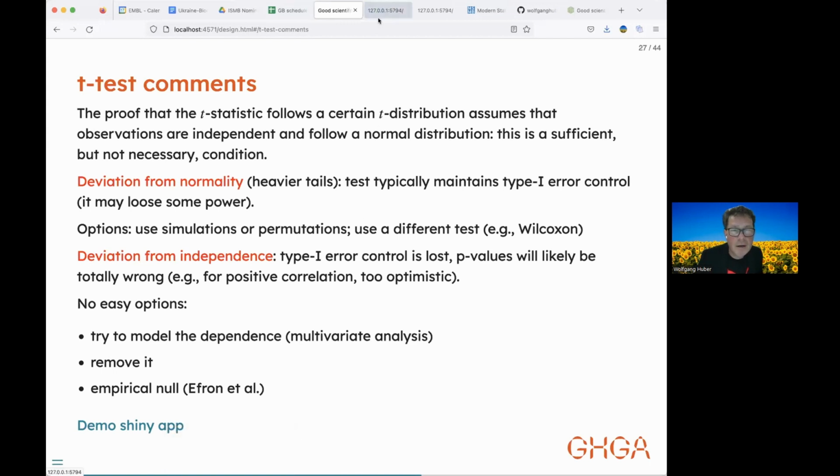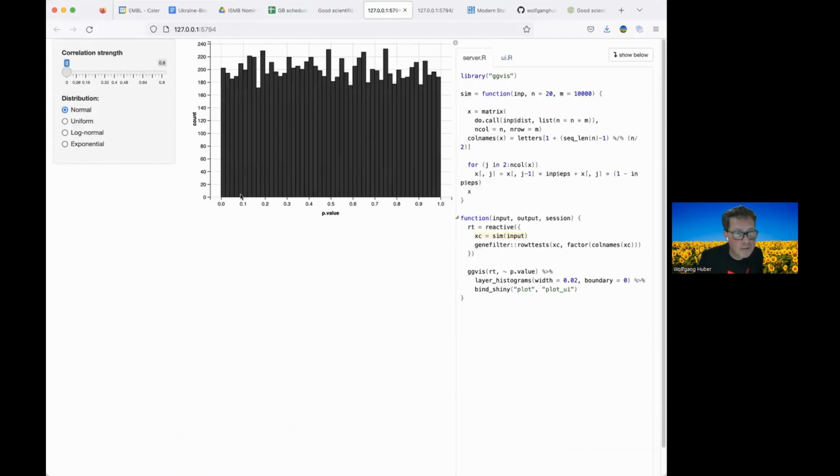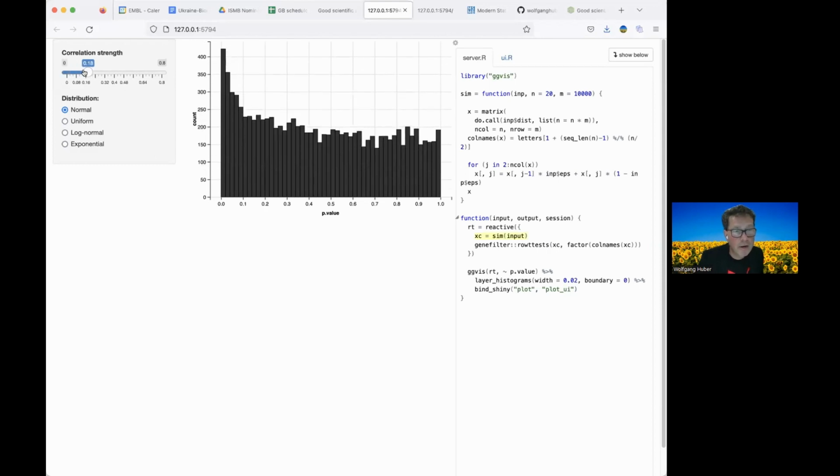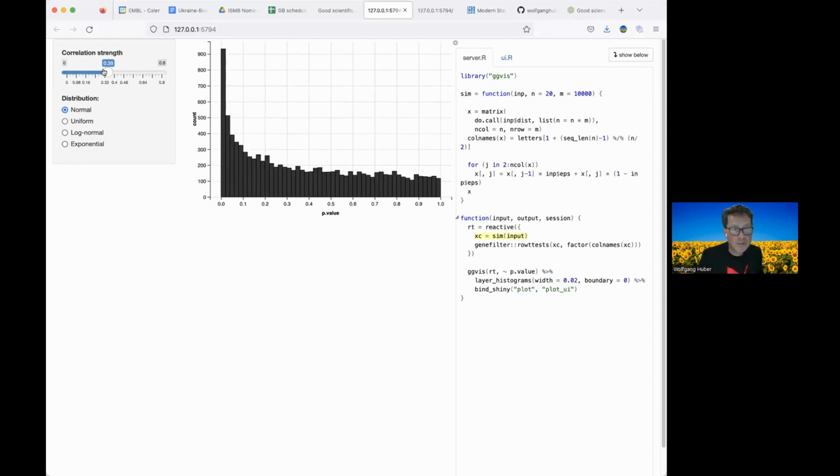I have a little app that shows this. What I'm showing you here is the null distribution of a t-test on null data. First, using normal data, you can see the p-values are uniform, as they should be. If I introduce correlation between the variables, still with no effect size, so on average nothing is happening in these data, and the data are shown on the right-hand side so you can look at this at your own pace afterwards, you can see I get an enrichment of small p-values.